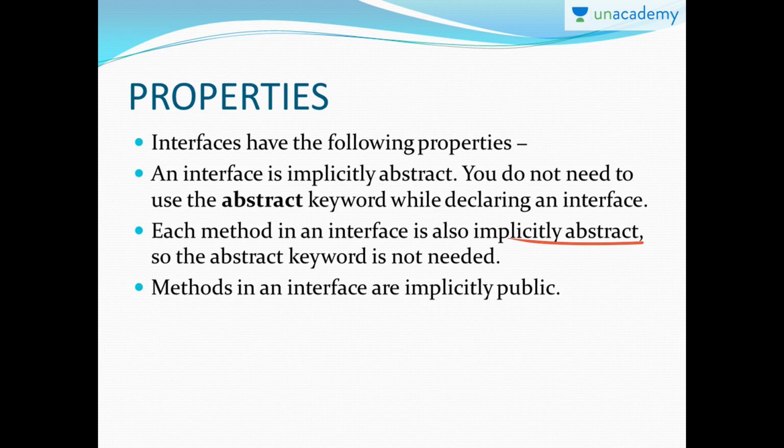By using the access specifier public, all the classes of the package or other packages also can access the interface. So all the methods which are present in an interface also become public, right? Implicitly. Explicitly it could be anything, but implicitly it becomes public. So that is the third property.